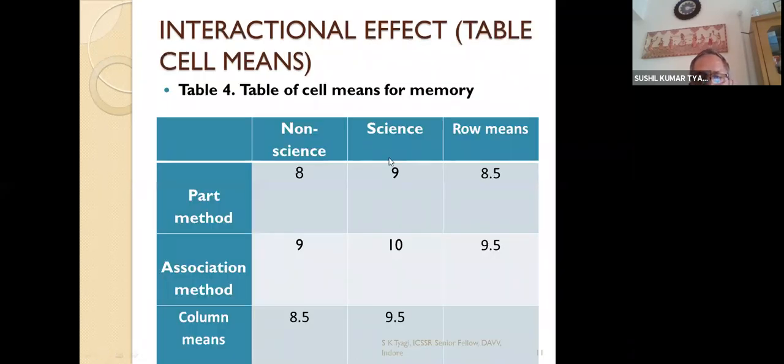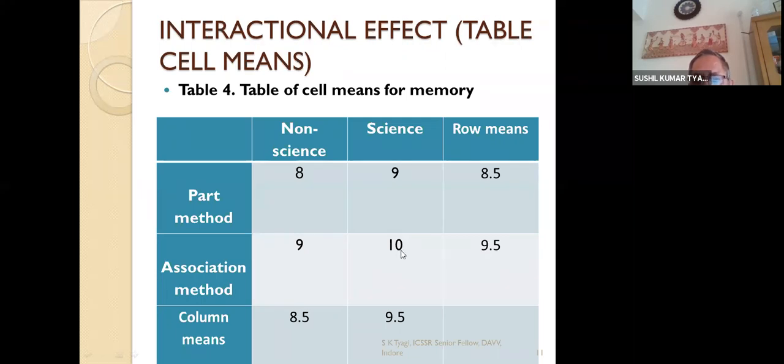See, for science students the mean is 9.5. For non-science students, the mean is 8.5. So science students are slightly better than non-science students, irrespective of the method.